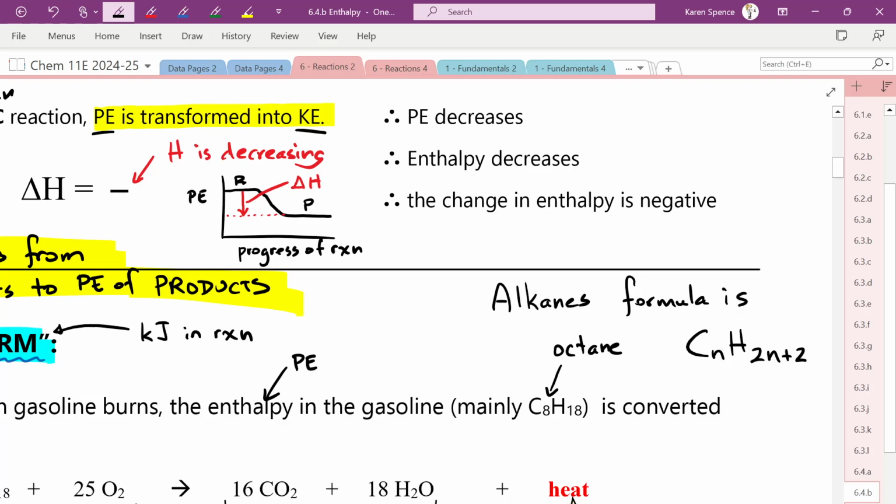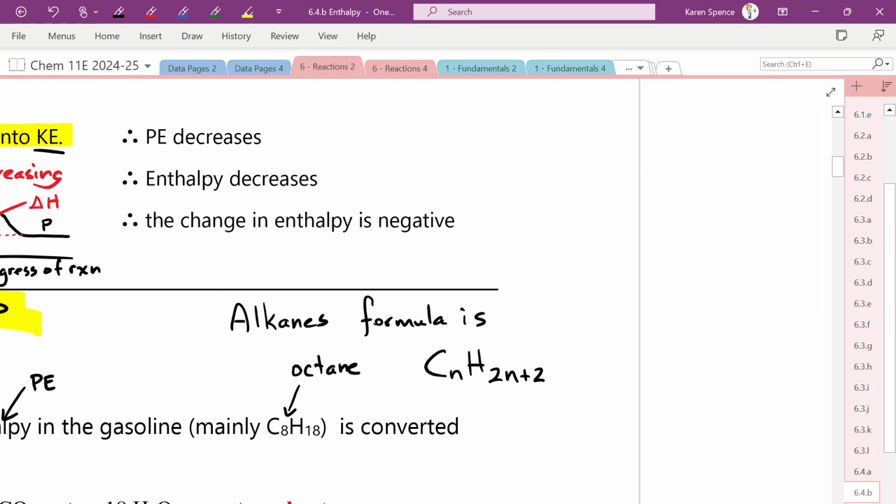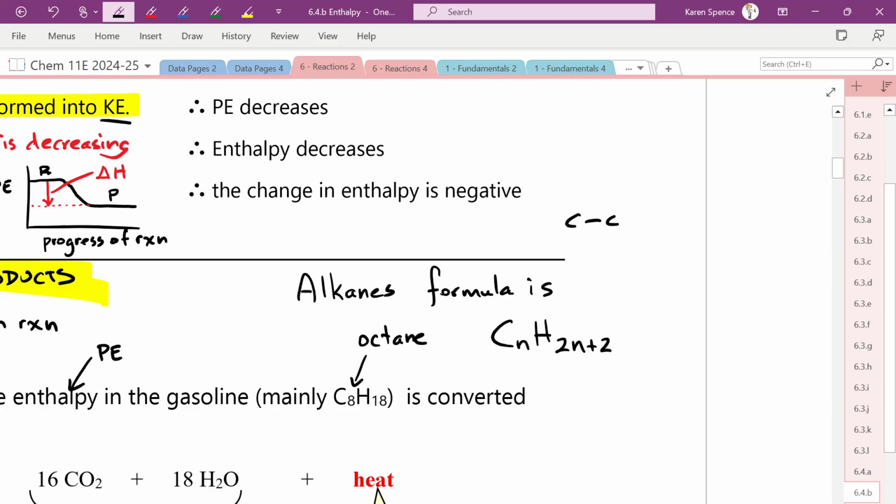That's because every time you have a carbon, you always have 2 hydrogens for every carbon, 2n, and then you have 2 extra, 1 on each end. So that's how that formula comes about. If you're interested in that kind of thing, that's how you can find an alkane's formula.